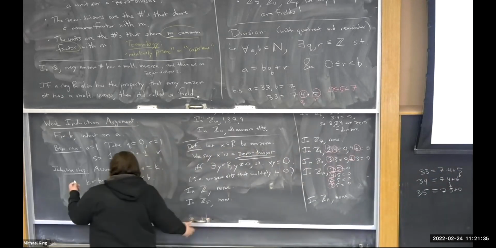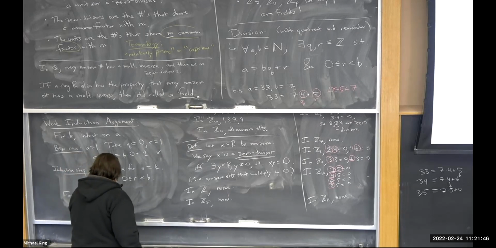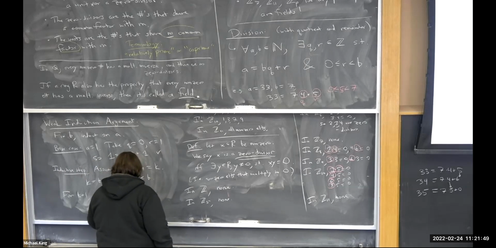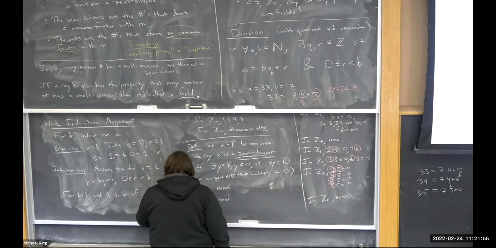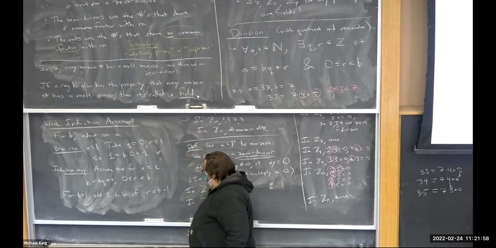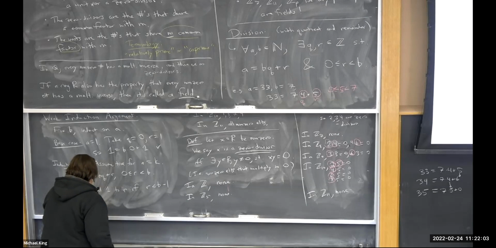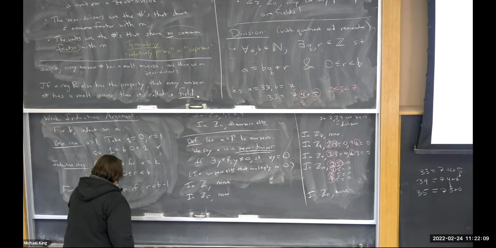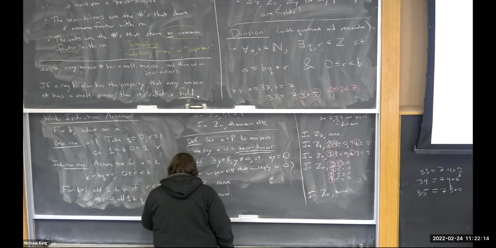Yeah, so basically exactly what you said. So for A equals K to K plus 1: add 1 to R if R is less than B minus 1, and add 1 to Q and set R equals 0 if R equals B minus 1.